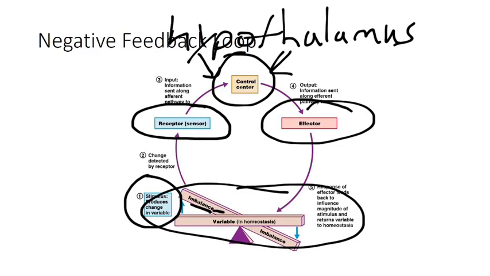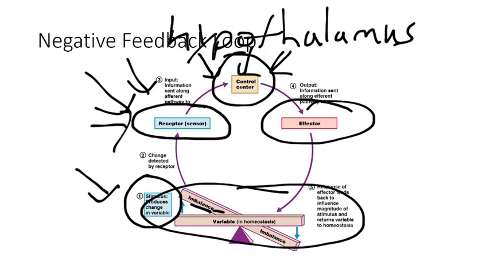It will cause whatever is out of whack to move back into the set point range and get back to normal. Now, this is sort of a generalized version of negative feedback. The players involved are a stimulus, receptors, a control center, an effector, and a response.